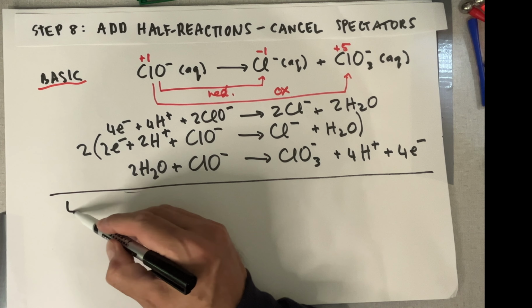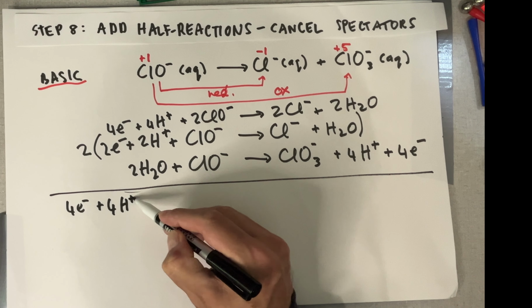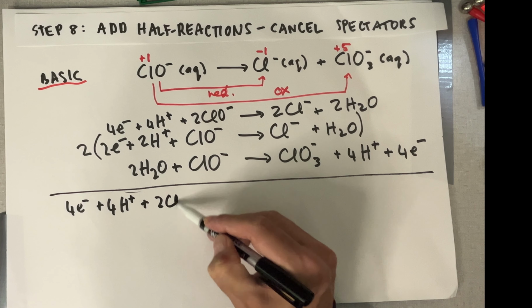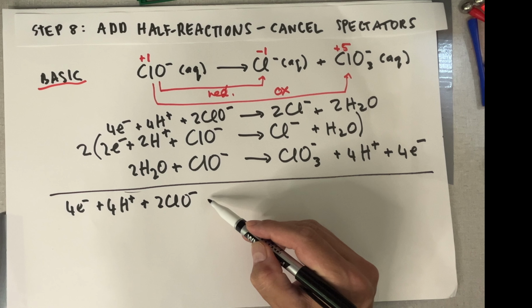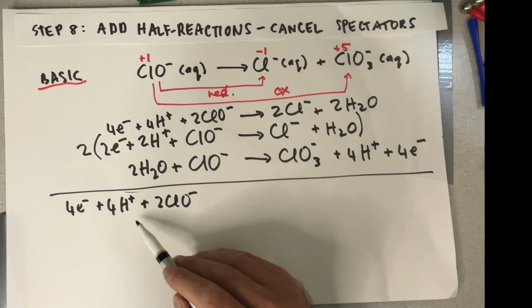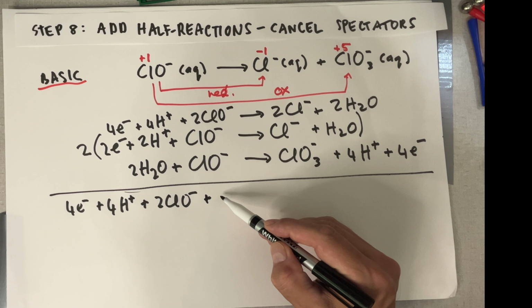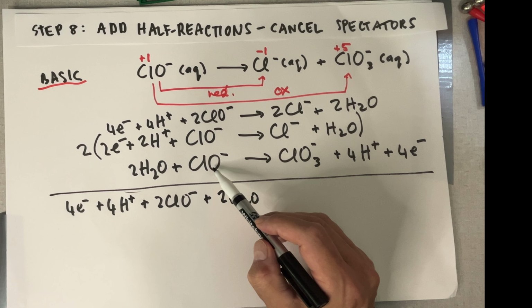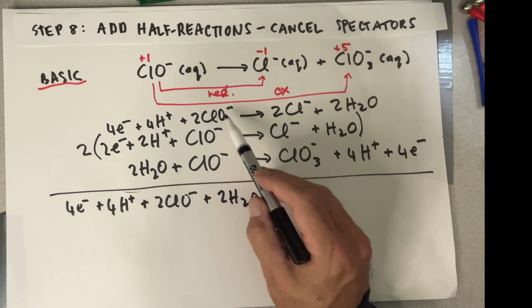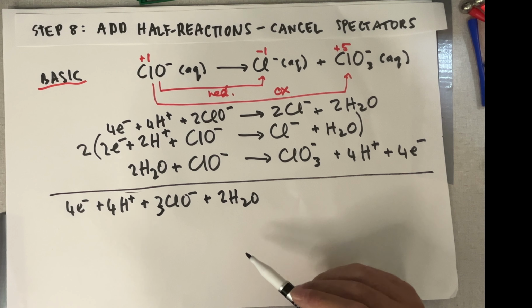You have 4 electrons plus 4H+ plus 2 ClO minus, and here you have 2 H2O, ClO minus plus ClO minus, that's basically 3 of them, so I'll just change that coefficient.